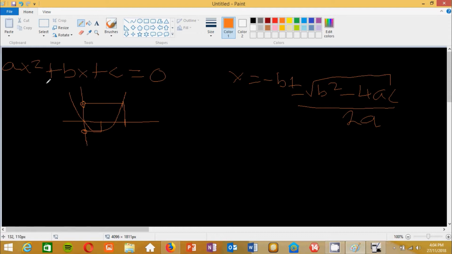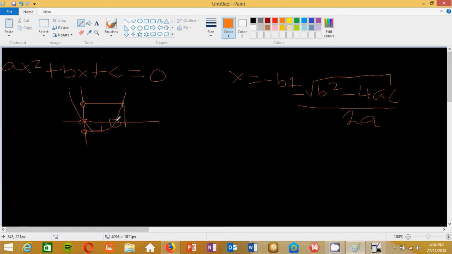You're going the other way around because you're solving for x. And the x values that you get here are going to be x values such that if you put them in here, the y-coordinate is going to result to 0. So you're looking for these two x values here.